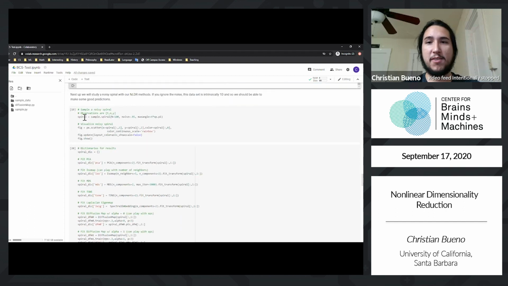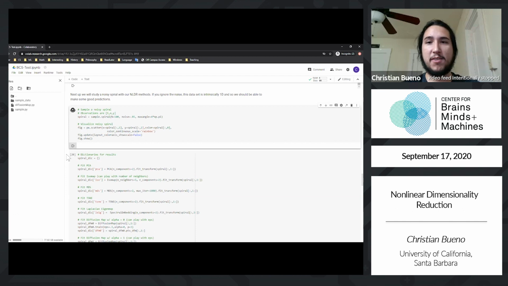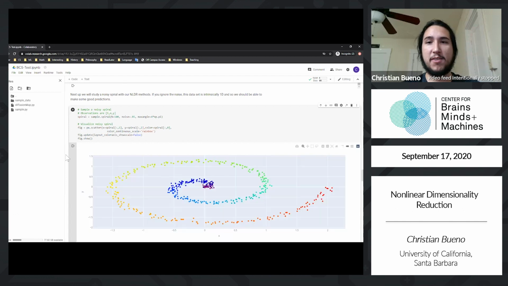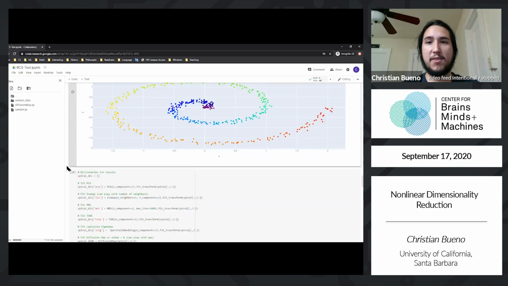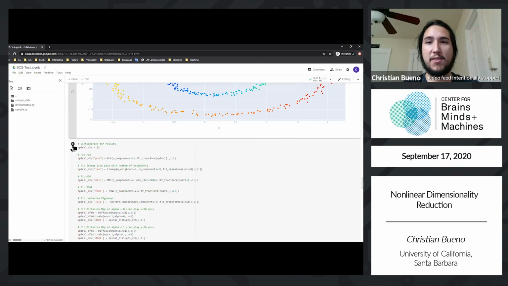So next we're going to do a noisy spiral. This is a 1D manifold with noise and it has a boundary. Since it's that kind of thing, we can probably start making some predictions as to what's going to happen with the different methods.